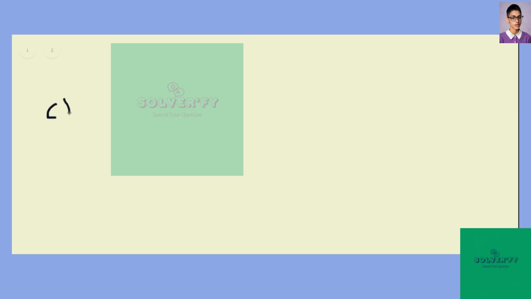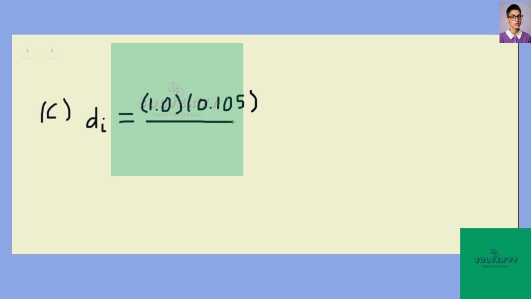Part C wants us again to do the exact same thing, but once again change the distance to the object. So the distance to the image here is going to be equal to, this time the distance to the object is 1 meter, so it's going to be 1 multiplied by the focal length, which is again 0.105 meters, divided by 1 minus 0.105.